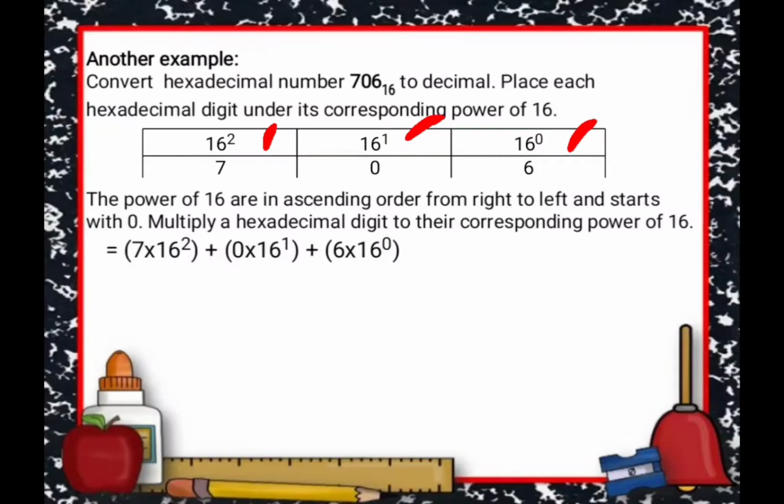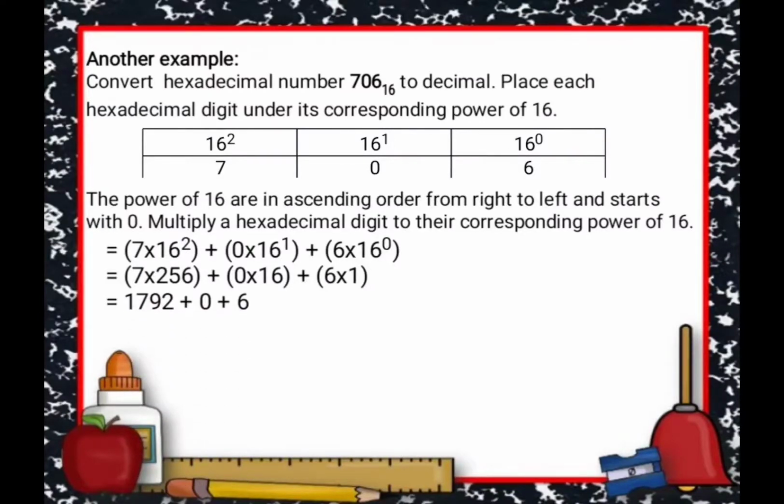Okay? So let's have 7 times 16 to the power of 2 plus 0 times 16 to the power of 1 plus 6 times 16 to the power of 0. So we have here 7 times 256 plus 0 times 16 plus 6 times 1.